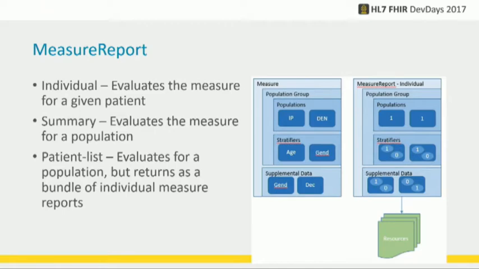And then the patient list actually gives you the measure report for every individual in the population. So these roughly, if you're familiar with the current reporting stack for quality reporting data architecture, or document architecture, sorry, this is modeled on that Category 1 and Category 3 reports.